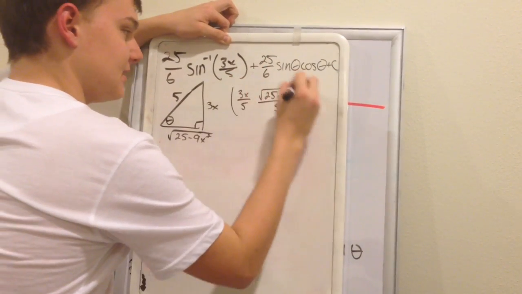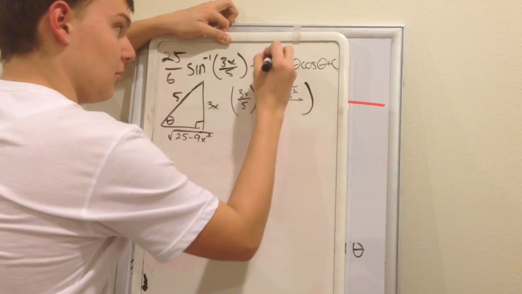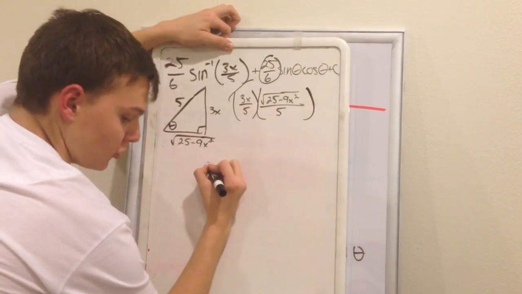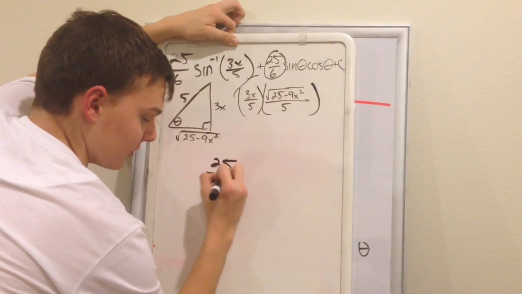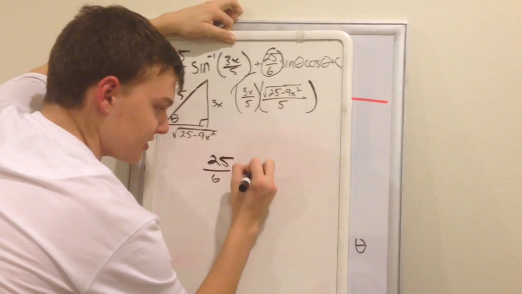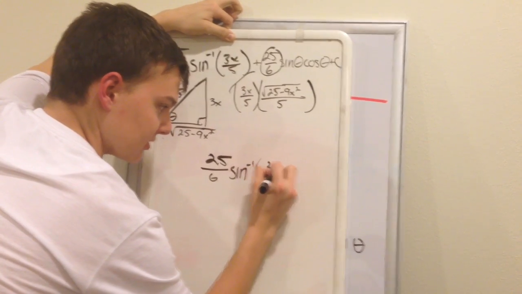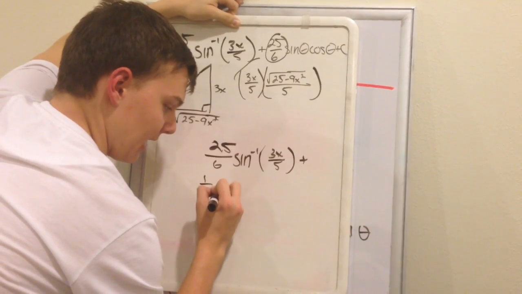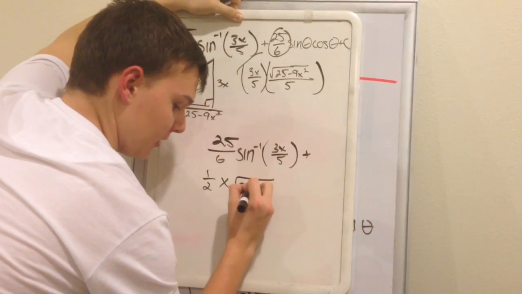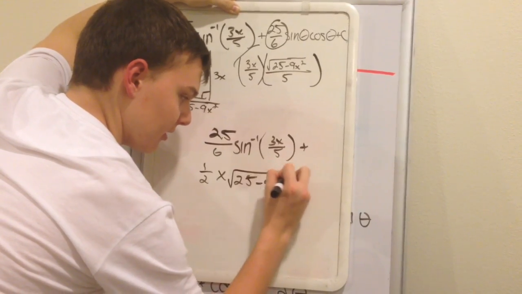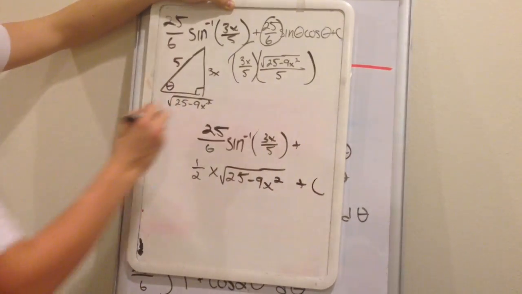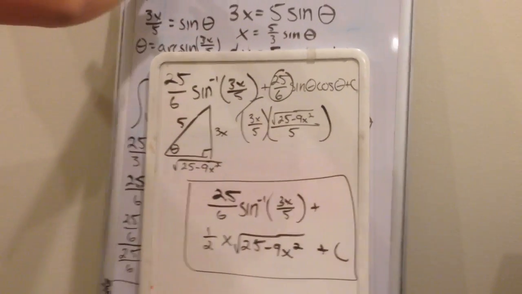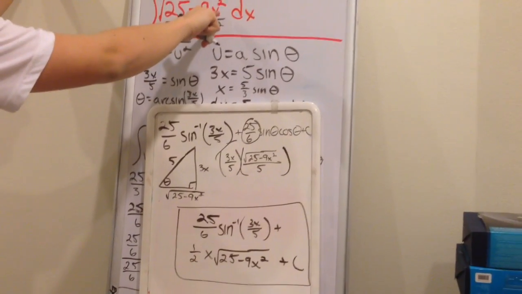Multiplying our constants together, we end up with 25 over 6 inverse sine of 3x over 5 plus 1/2 x square root of 25 minus 9x squared plus our constant c. And that is our final answer to the integral of the square root of 25 minus 9x squared.